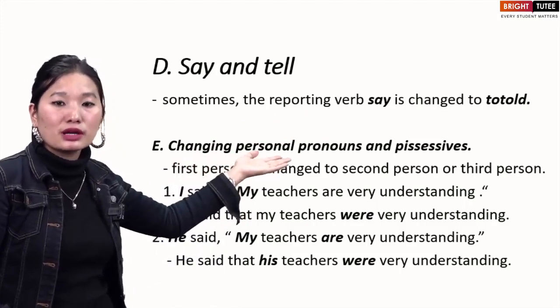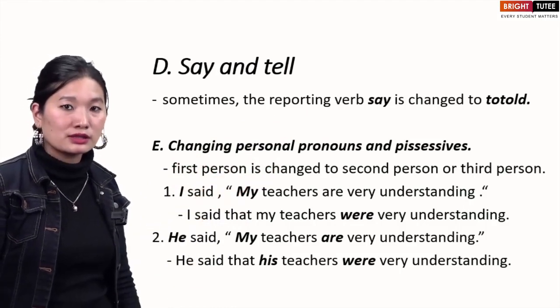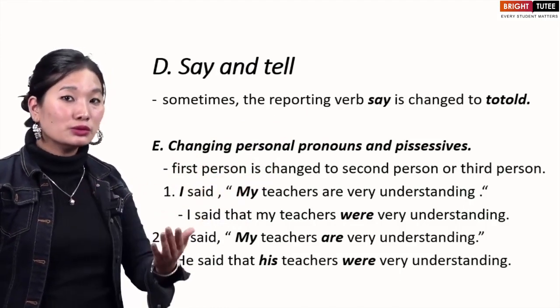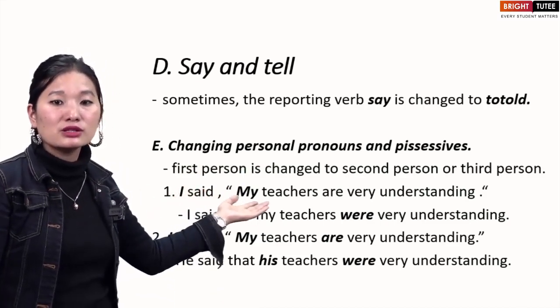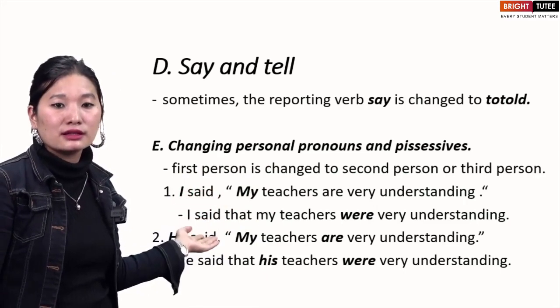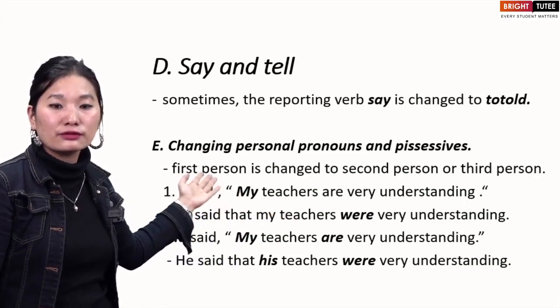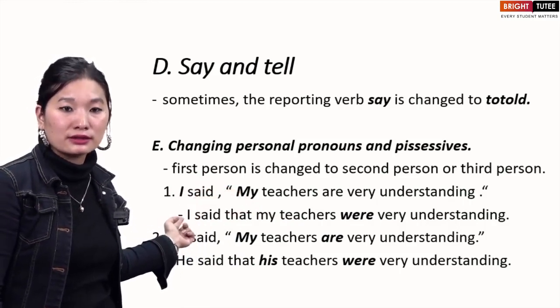Changing personal pronouns and possessives. The first person is changed to second or third person. First means I or we, isn't it? I can be changed to you. We can be changed to they. I said my teachers are very understanding. Here, I said that my teachers were very understanding. It is a first person, but you don't have to change it again because I is there.